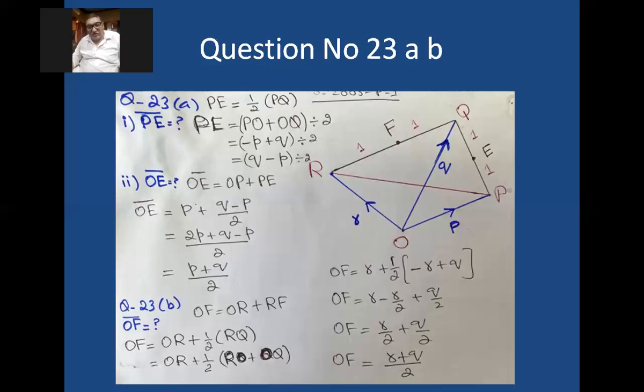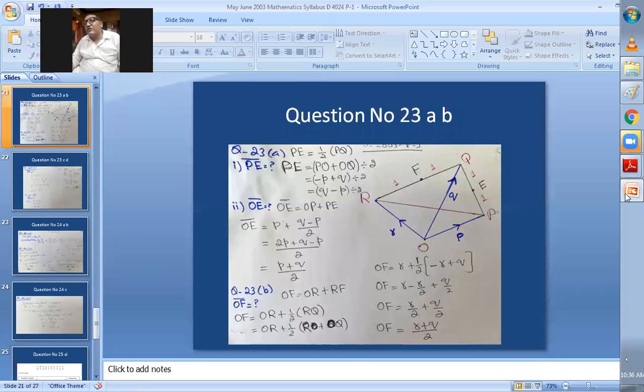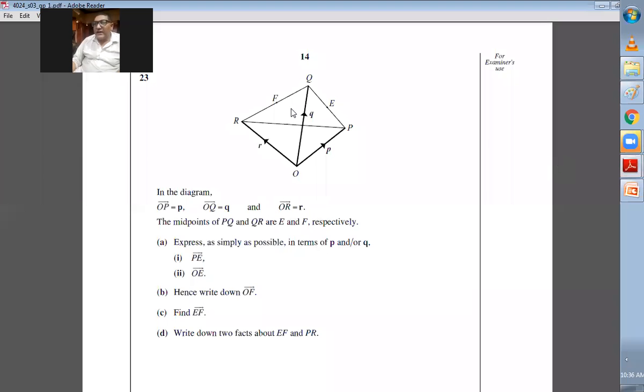Then the next question, let me go back and check the wording of the question. Hence, write down OF. The b part is OF.